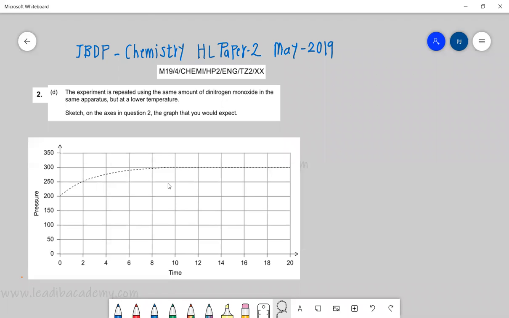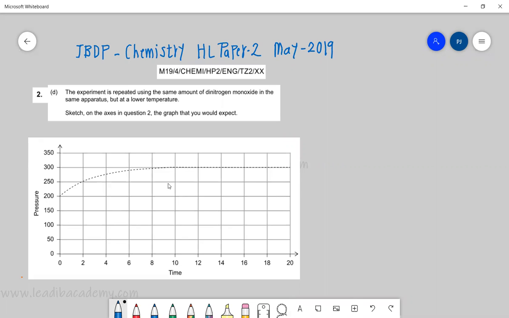Okay, let's look into question number 2D. The experiment is repeated using the same amount of dinitrogen monoxide in the same apparatus, but at a lower temperature. So the number of moles is the same, the volume is the same, only it is being carried out at a lower temperature.